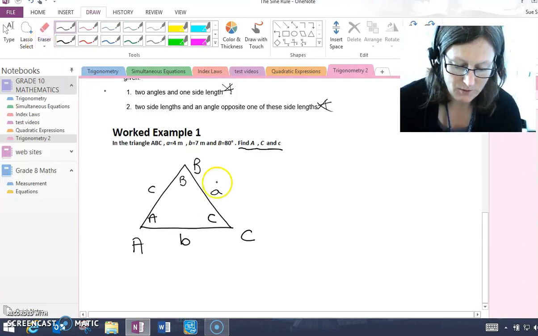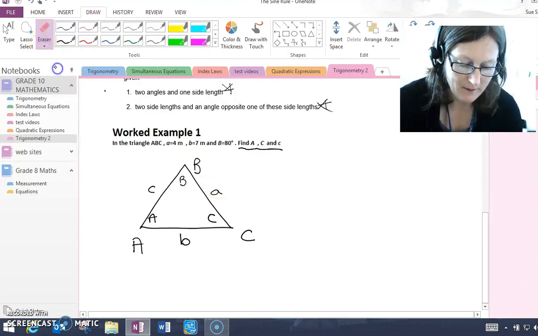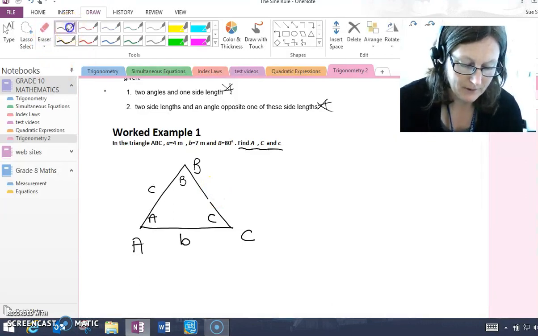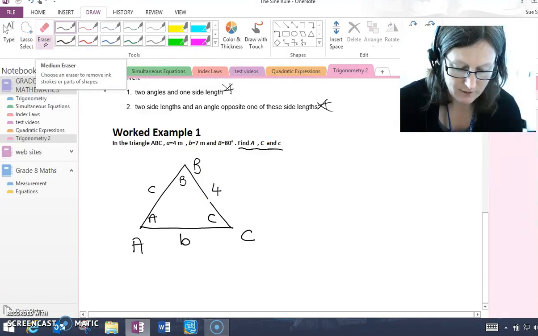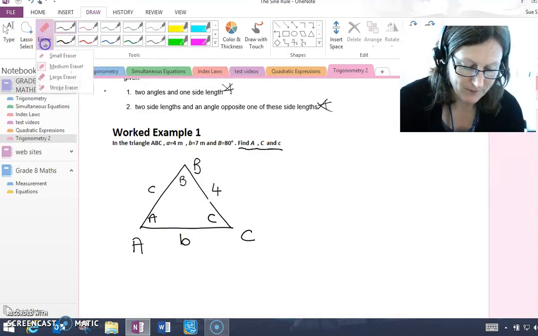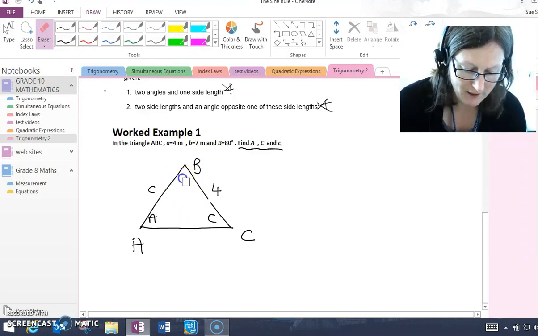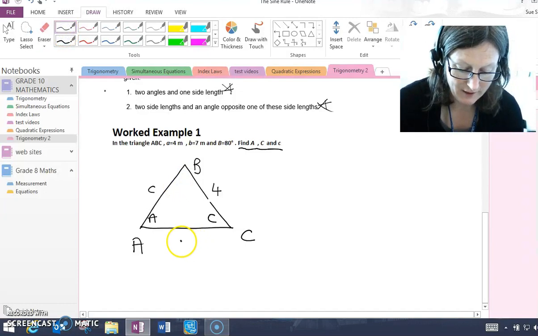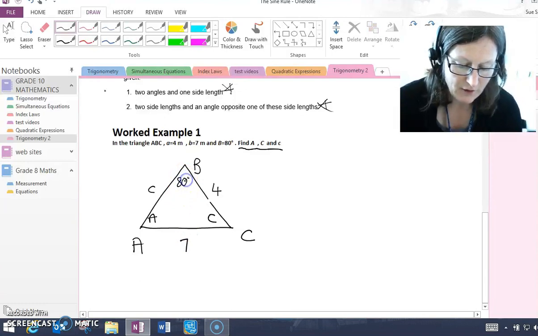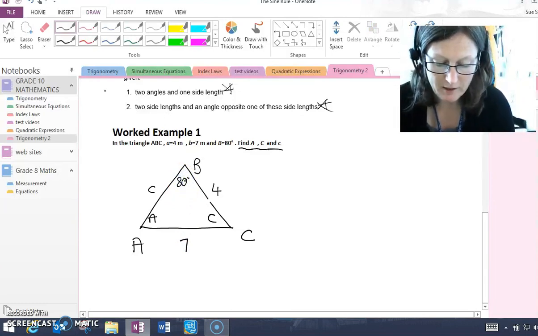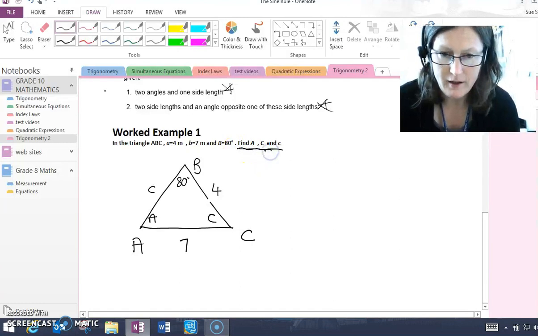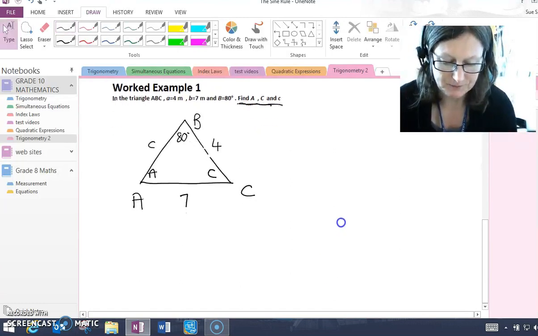I'm told that side A is 4 meters, side B is 7 meters, and angle B is 80 degrees. Using that information, I can then proceed to find angle A, angle C, and side C.